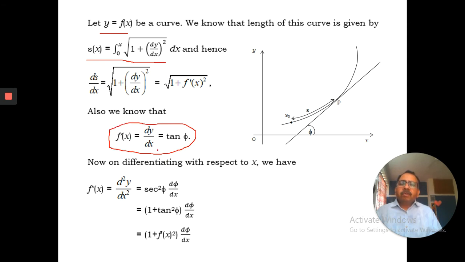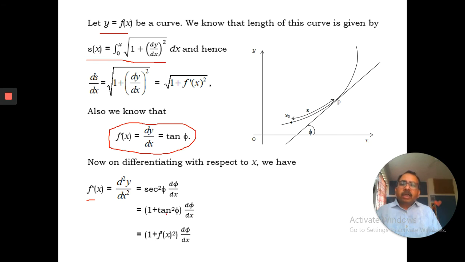Take the derivative of this with respect to x, we get f double dash x is equal to d2y by dx square, and the derivative of tan phi is secant square phi into d phi by dx. Secant square phi is 1 plus tan square phi, into d phi by dx.